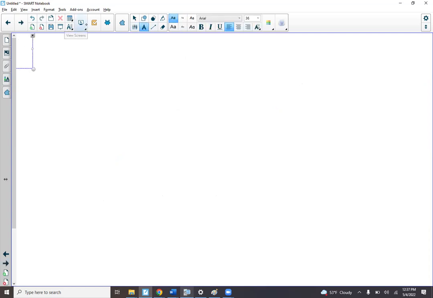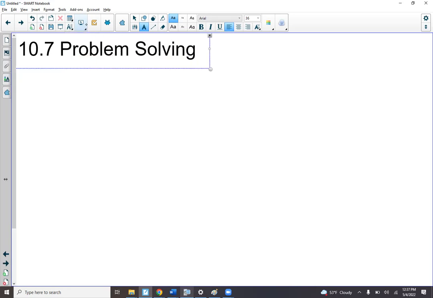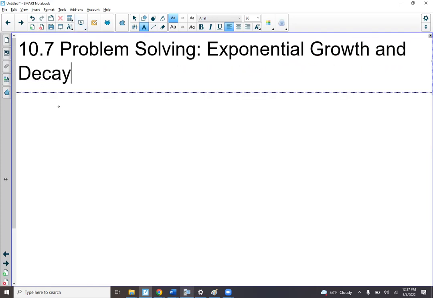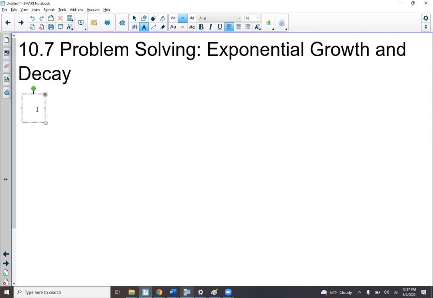10.7. Problem solving, aka word problems: exponential growth and decay. Okay.